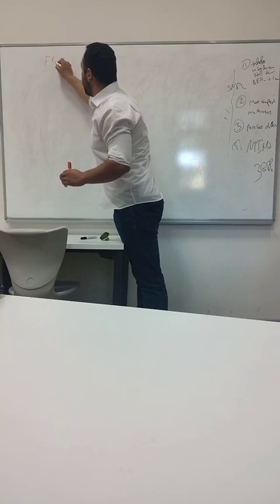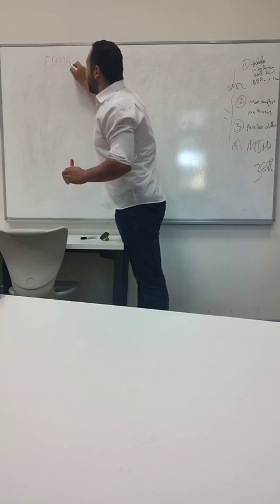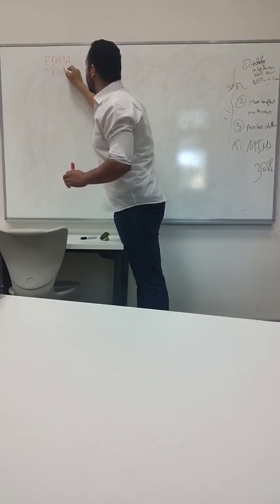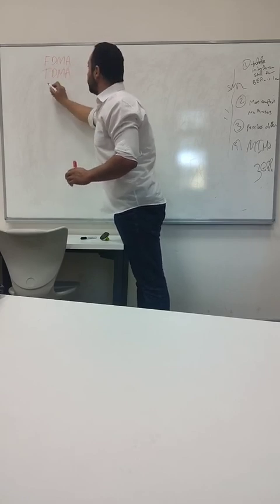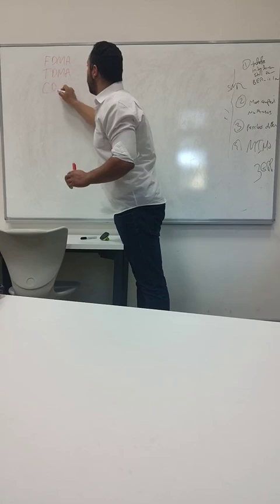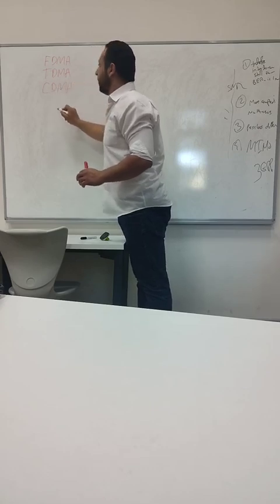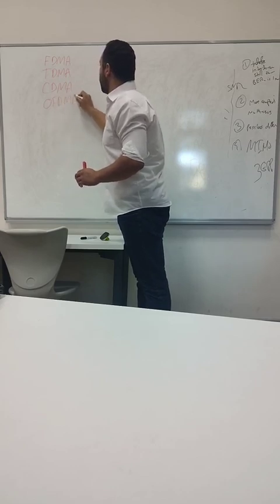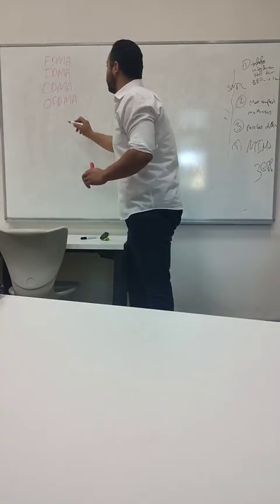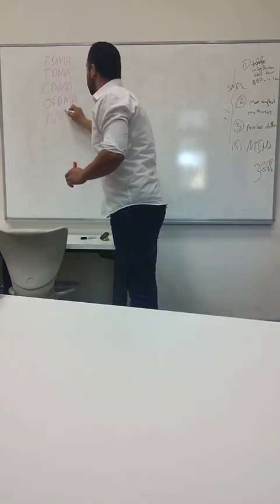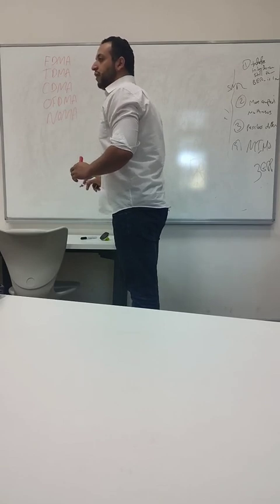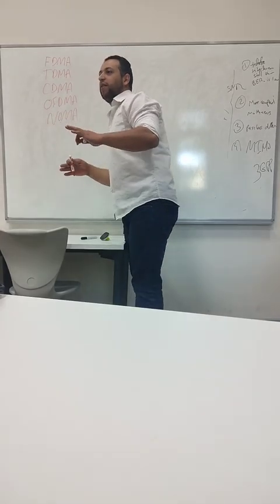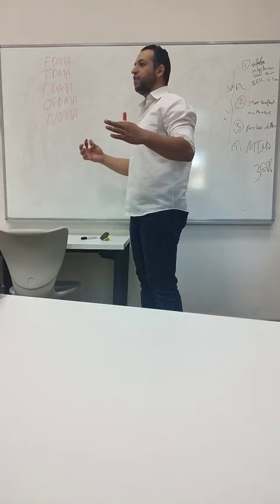FDMA, frequency division multiple access; TDMA, time division multiple access; CDMA, code division multiple access; OFDMA, orthogonal frequency division multiple access; and NOMA, non-orthogonal multiple access. These are the main techniques that are used for providing multiple access technologies.